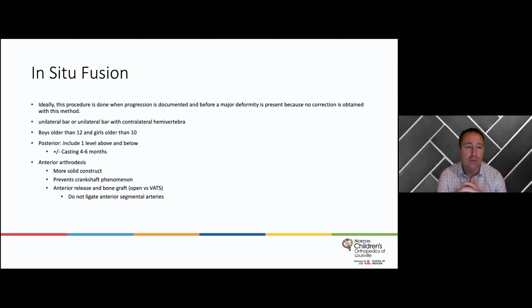So if they have a unilateral bar with a contralateral hemivertebra, usually boys older than 12 and girls older than 10, because if you do it younger, then you can get something called crankshaft phenomenon, and that's where the back part of the spine fuses, but the front part of the spine doesn't, and it continues to grow, and it can't grow up or down, so the spine grows around like a crankshaft. And there's not really a treatment for that, so you want to be careful on exactly what surgery you choose for these patients.